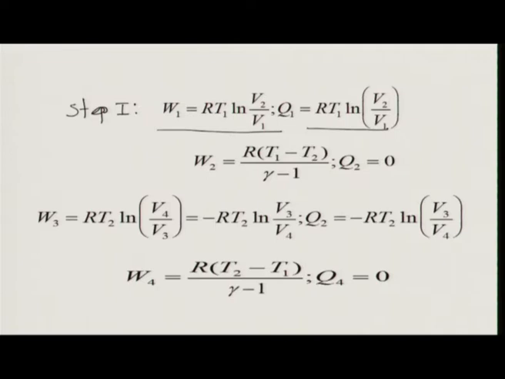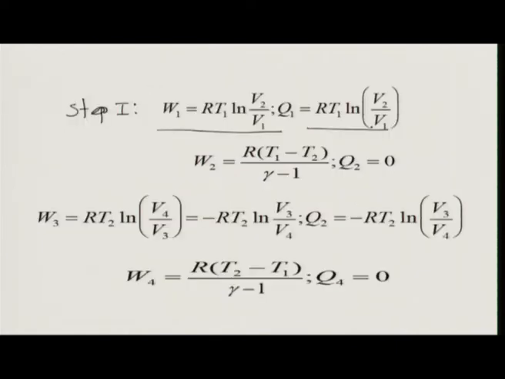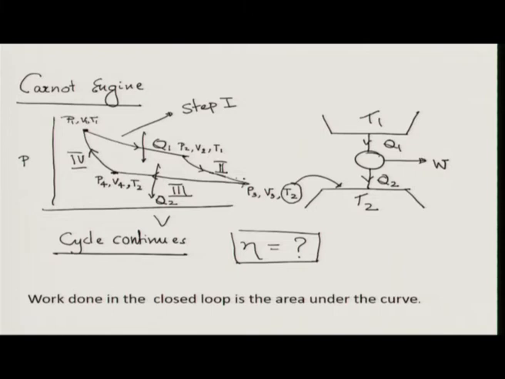So, Q1 is also a positive quantity. So, as I tried to physically argue that here the system does some work and absorbs an amount of heat which is Q1 from the hot reservoir. Okay. Second process, second process is adiabatic expansion. Okay. So, this is my process number 2.